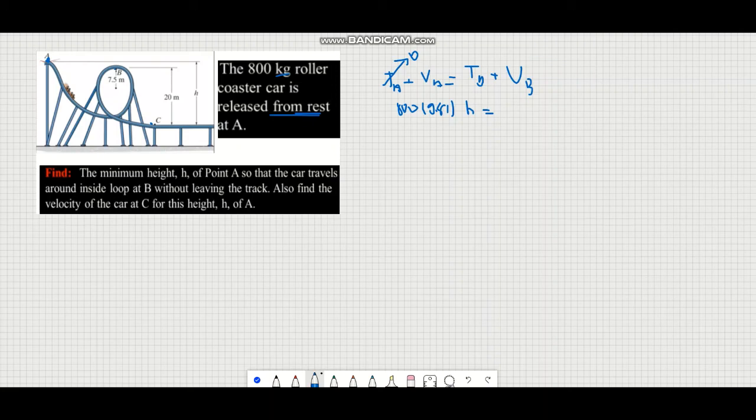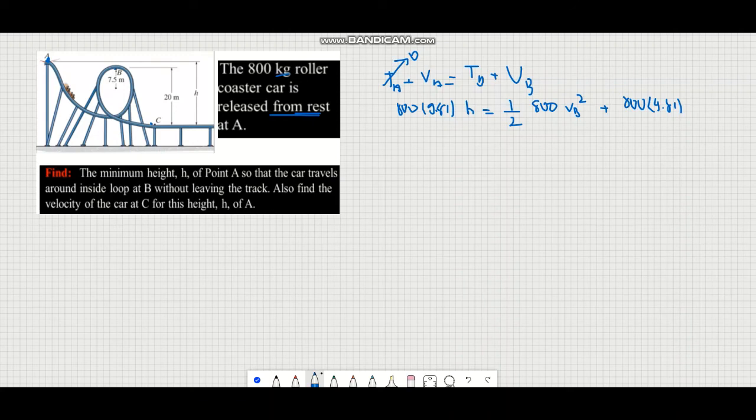So in order to complete this track, it's gonna be 1 over 2, again 800, which is m, and velocity VB square, plus VB, which is again 800 m, 9.81, sorry, and we know the height of this guy from here to here is h minus 20, right?